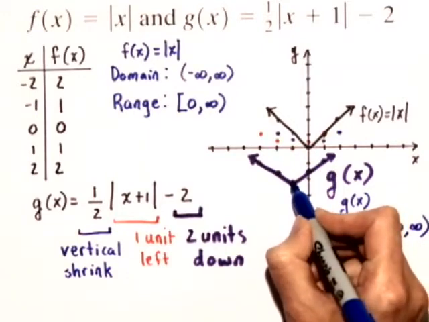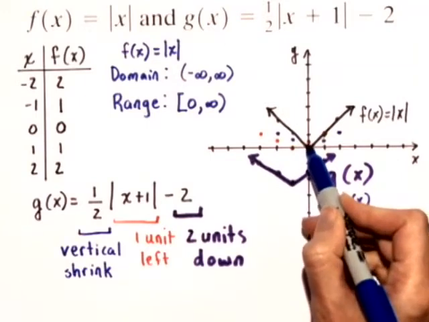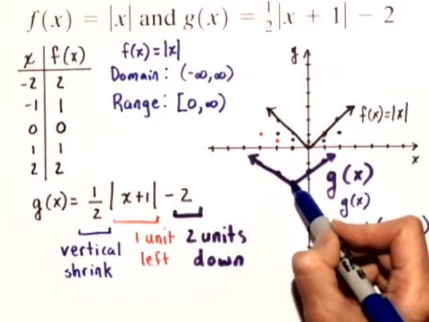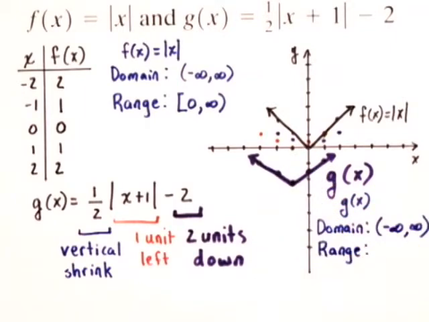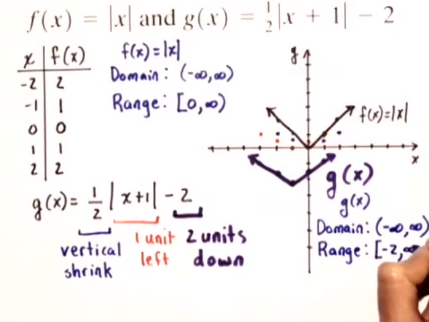We got that point by starting at the origin. We divided that y-coordinate by 2, which left us at the origin. We moved 1 to the left and down 2. So that y-coordinate is really located at negative 2. And so the range is from negative 2, including negative 2, to positive infinity.